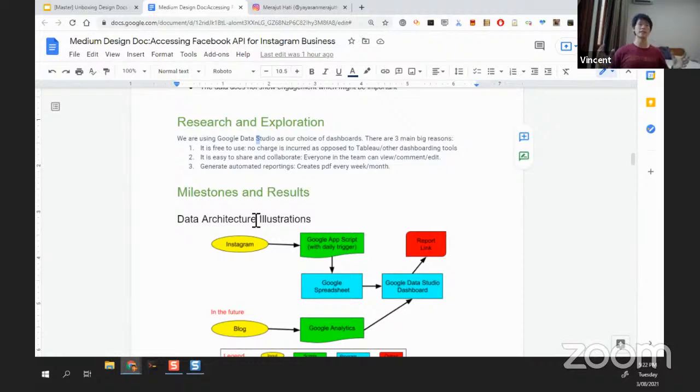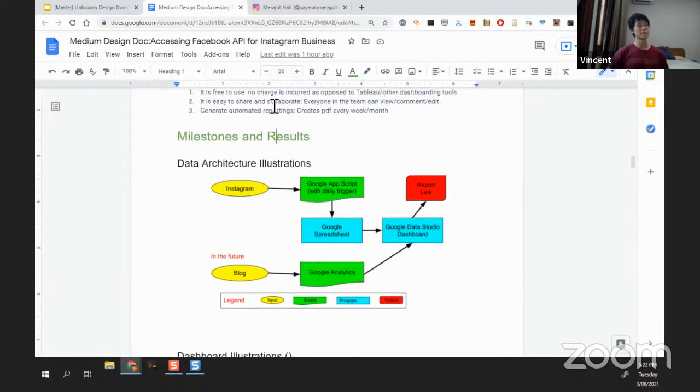The idea is that if a certain exploration fails, you can always move on to other explorations. You can also ask your stakeholders for approval, for example, whether it is correct to use Google Data Studio over Tableau. This really helps you understand how to get from point A to point B.